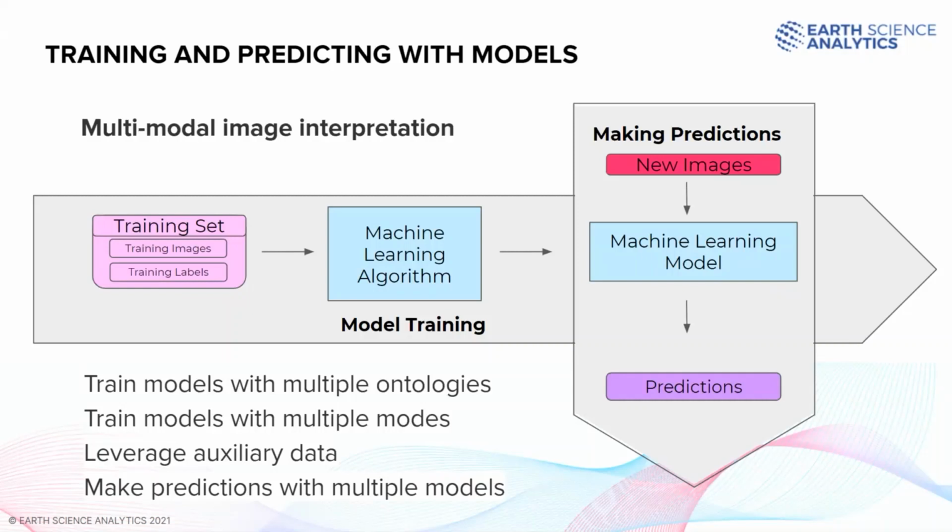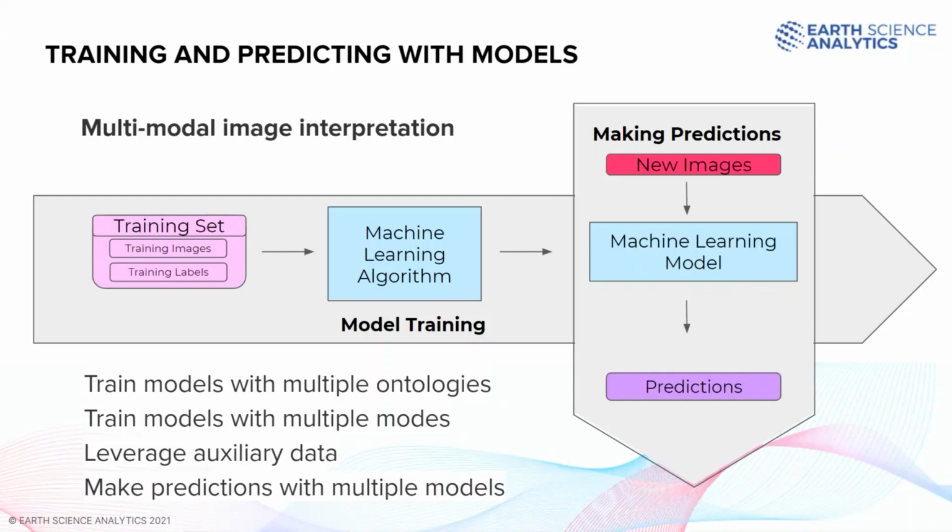Today we'll focus more on the data and how we can achieve what I call here multimodal image interpretation. So we'll train, or we have already trained, models with multiple ontologies, basically classification schemes. You can classify rocks and images of rocks in many different ways. There are also multiple modes of machine learning algorithms, which we will get back to.